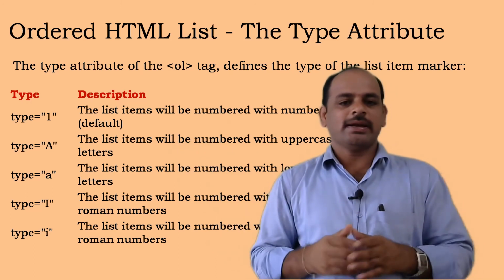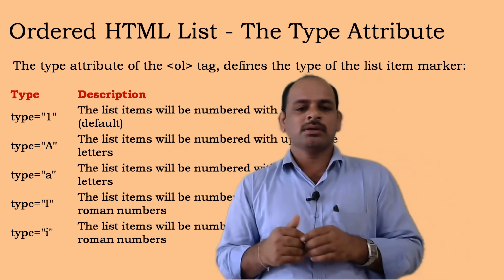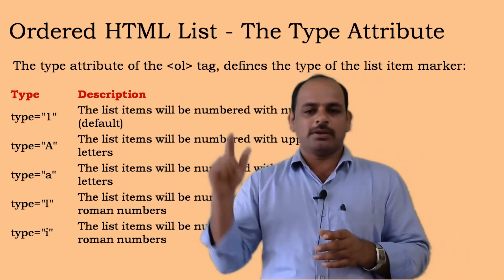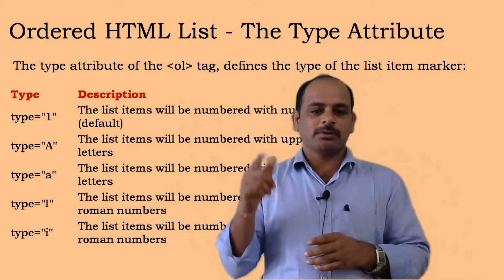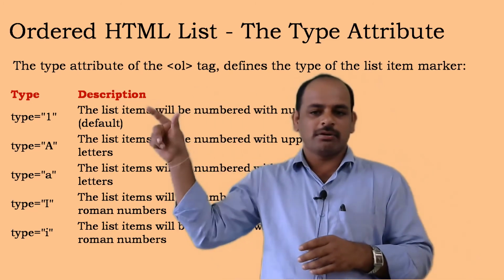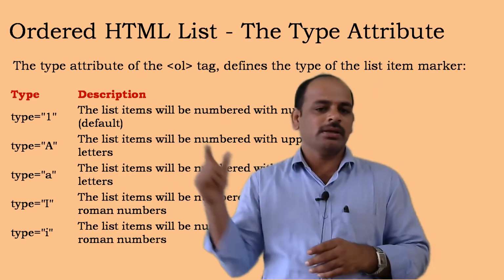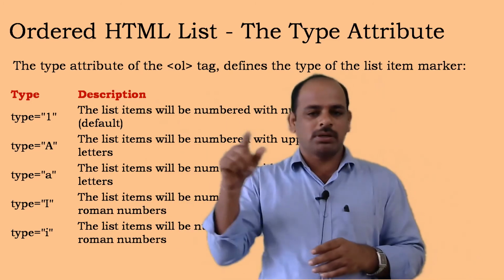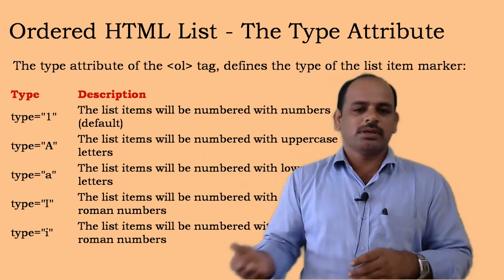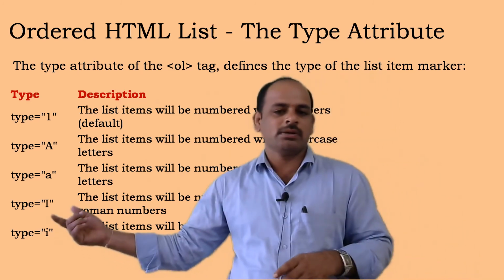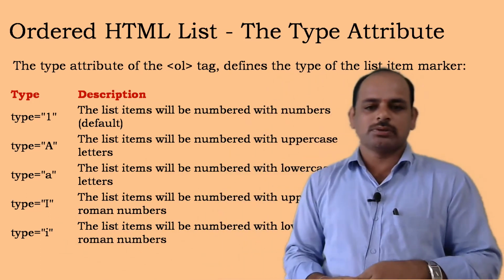Similarly, type equal to A means the list items are ordered with letters: A coffee, B tea, like this. Type equal to capital A means capital A coffee, capital B tea, capital C milk. Similarly, type equal to small a means small a coffee, small b tea, like that. Here, Roman numbers also you can specify. That is type equal to I, and type equal to small i also you can specify.